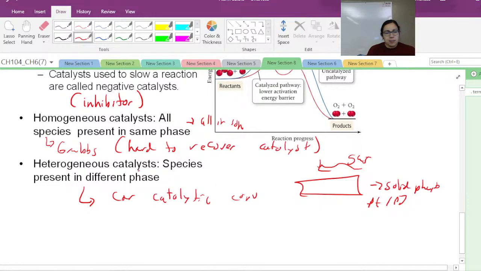And again, obviously they're in different phases since you have a gas versus a solid, but then recovery is usually easier too with these heterogeneous catalysts, and especially in the case of a car catalytic converter, you know what it looks like, people can steal it, but yeah, you could recover it.